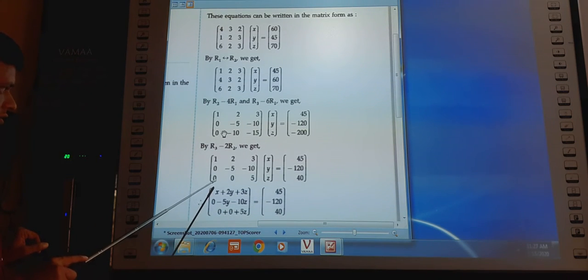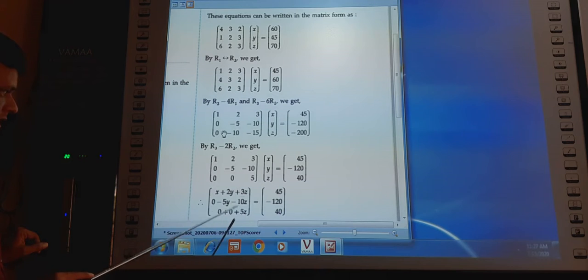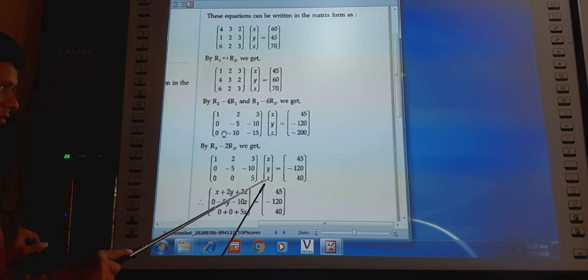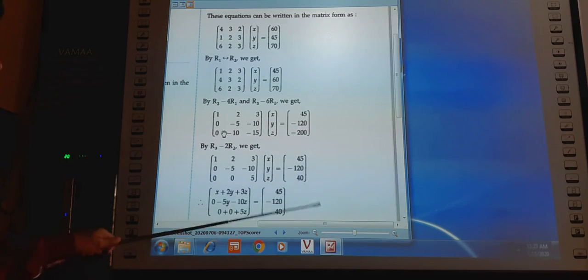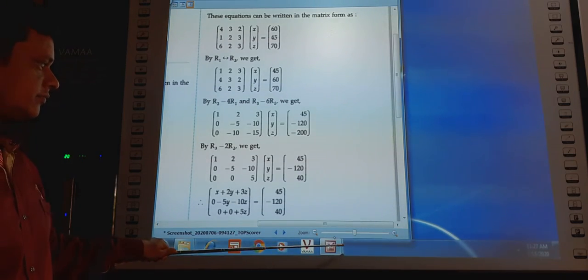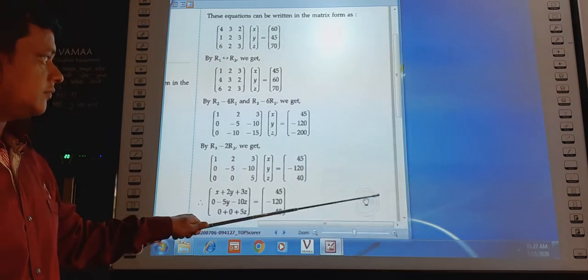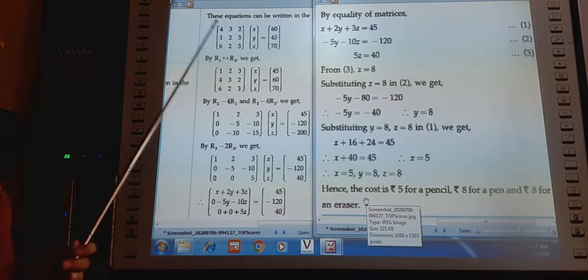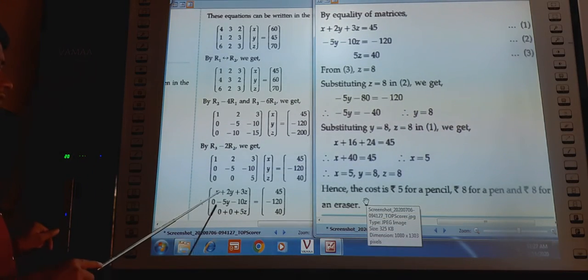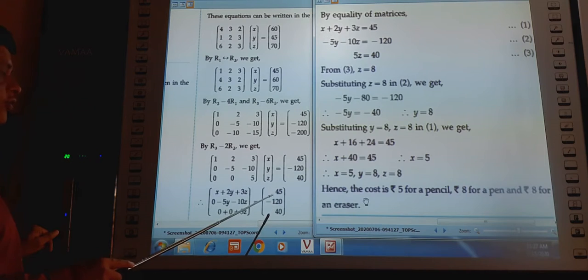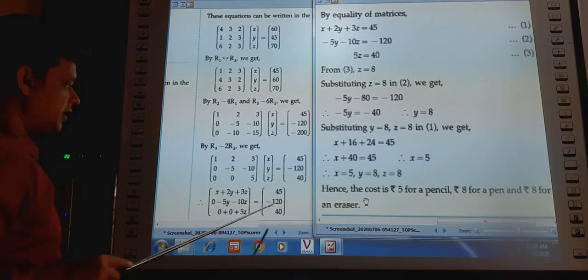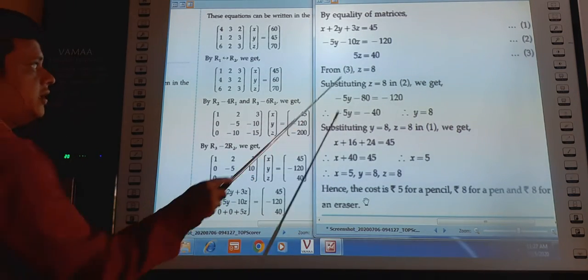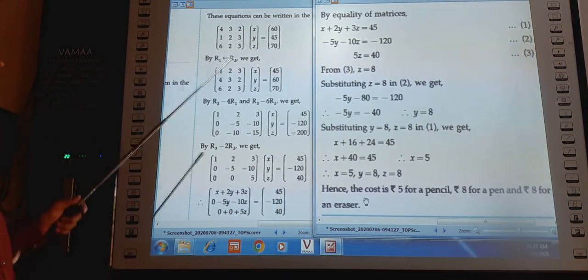Then 0, 0, so we write 0 plus 0, here is 5z, so 5z. Then by equality of matrices, we write x plus 2y plus 3z equals 45, minus 5y minus 10z equals minus 120. Last is 5z equals 40.